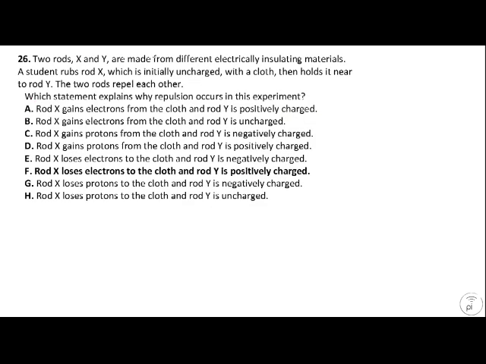26. Two rods X and Y are made from different insulating materials. A student rubs rod X, which is initially uncharged, with a cloth. Когда X rubbed with a cloth, it will be minus charged, a rod will be plus charged. And then holds it near rod Y. Why? The two rods repel.